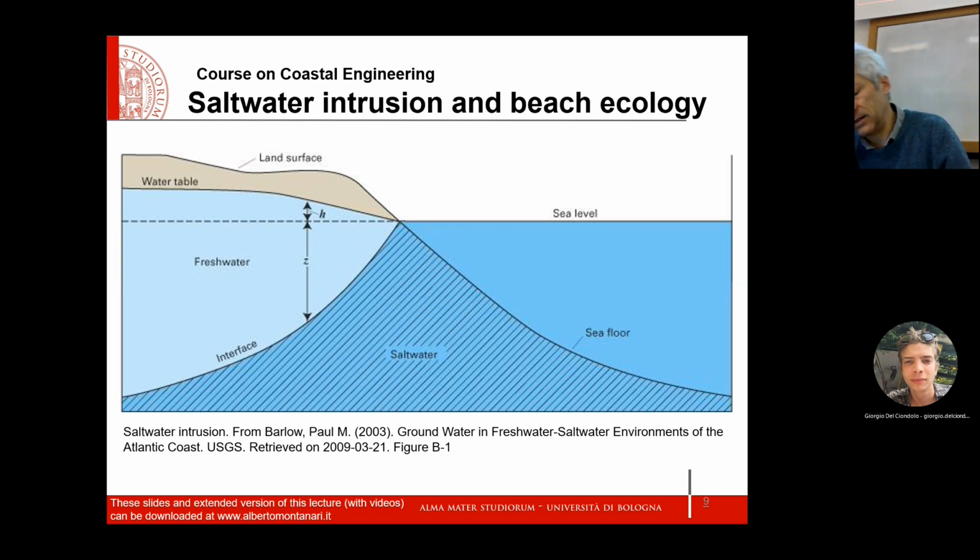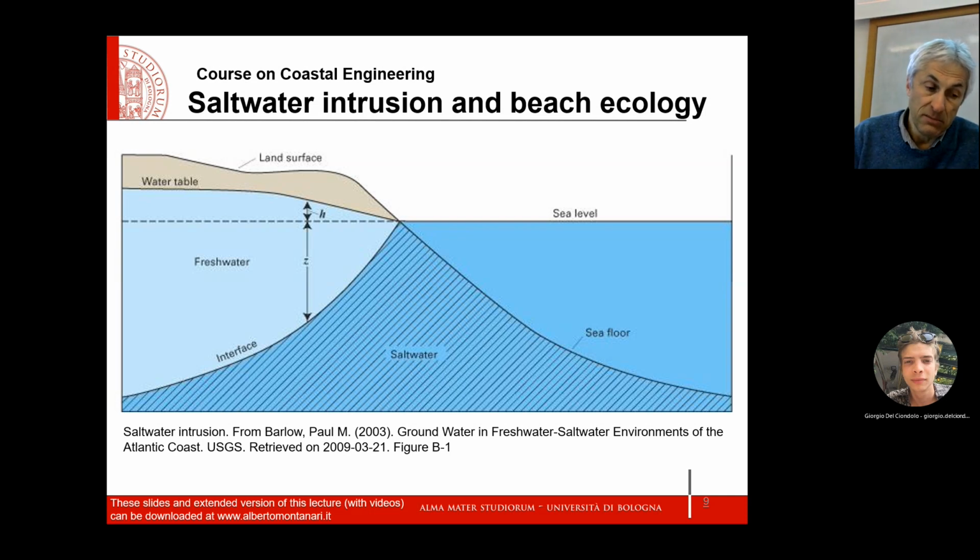Keep in mind that once an aquifer is contaminated by salt water, it is lost, meaning that it is not possible to quickly recover the underground from the salt. And the salt water cannot be used for irrigation, cannot be used for drinking.